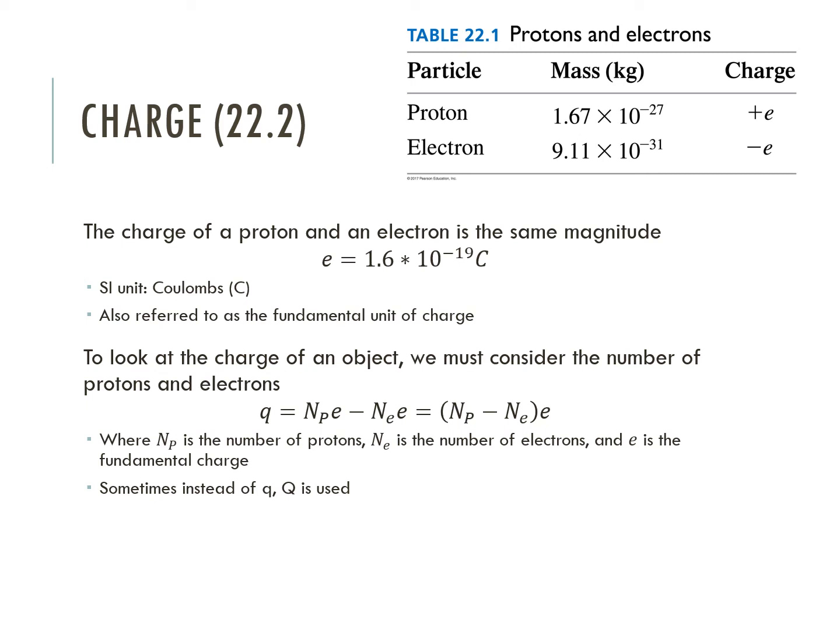So again, you guys are adults. You guys can choose your variables. So if you want to use lowercase q versus capital Q, it's your choice. But again, it's your responsibility when writing out your knowns and unknowns that you indicate what variable you're using and stick with it.